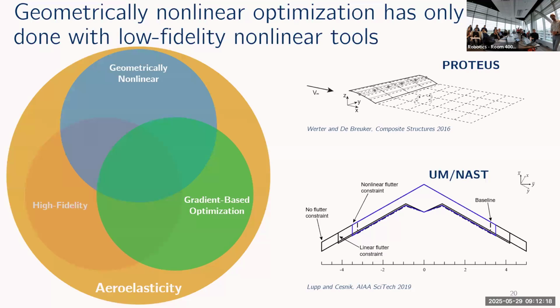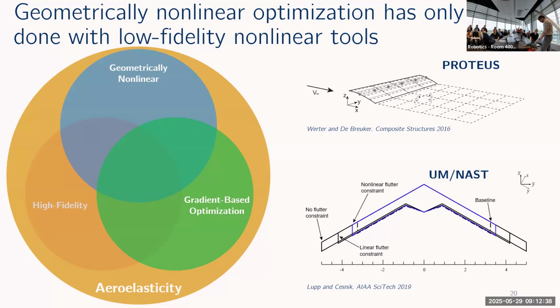In terms of examples of aeroelastic or aerostructural optimization done with geometrically nonlinear models, so far those have only been done with lower fidelity models, typically a beam representation of the structure and an inviscid panel model for the aerodynamics.